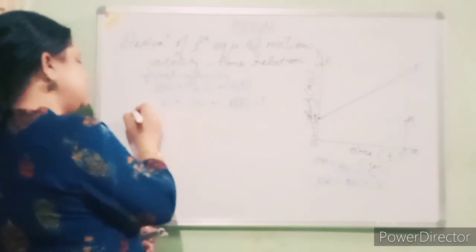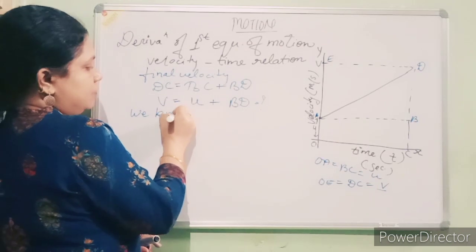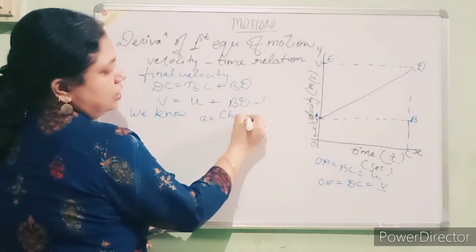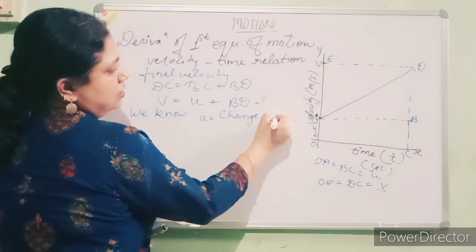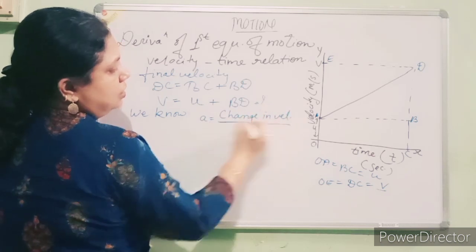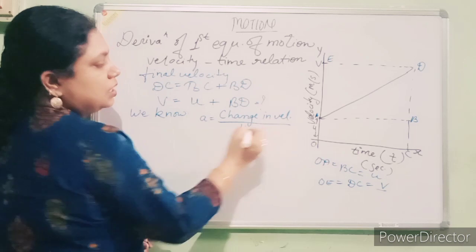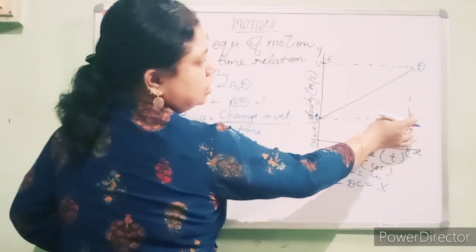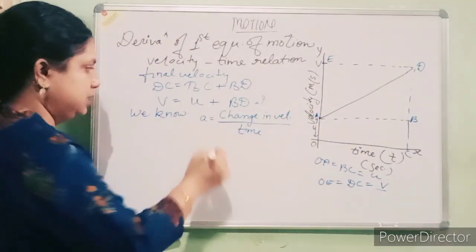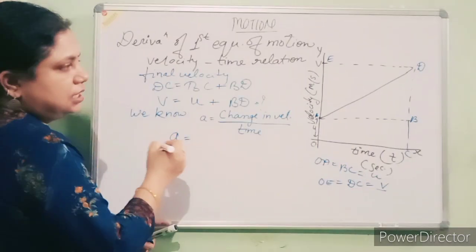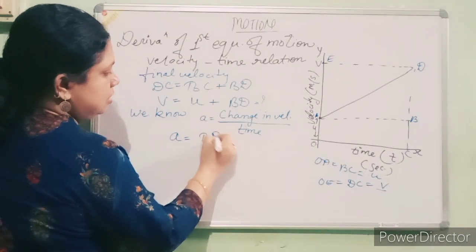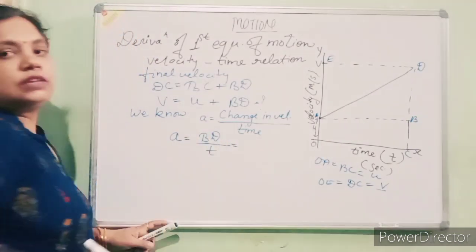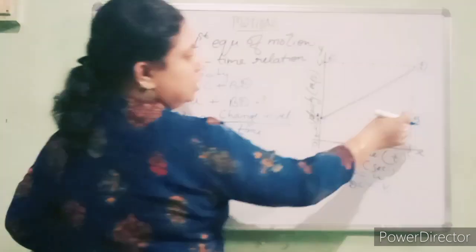As we know students, acceleration is equal to change in velocity upon time. Clear? Now the change in velocity is BD. So we can say a is BD upon time t. Now what will be the value of BD? How can we find BD?